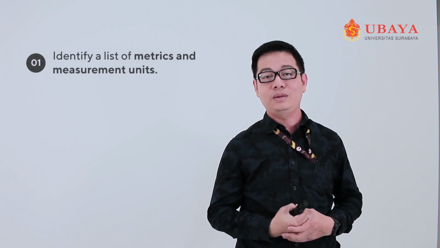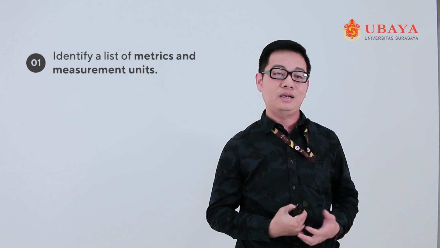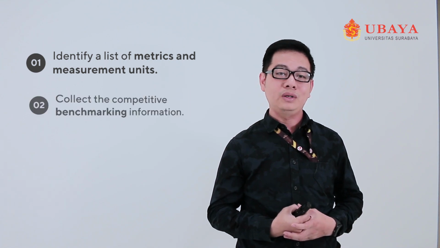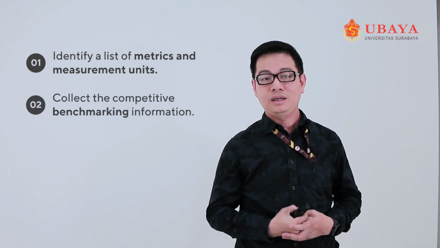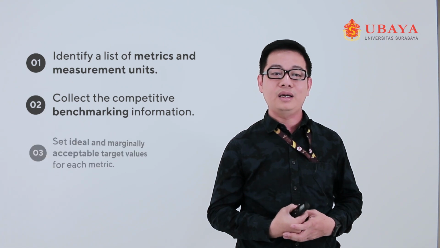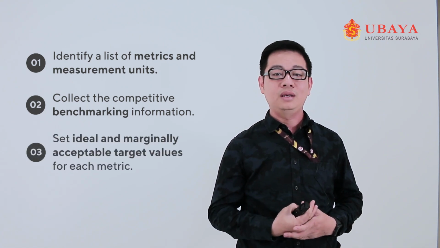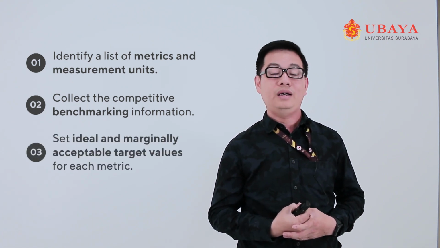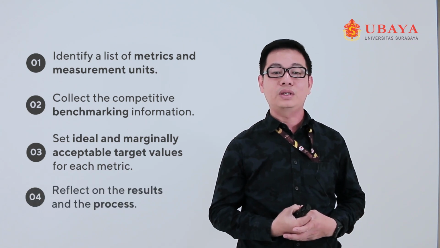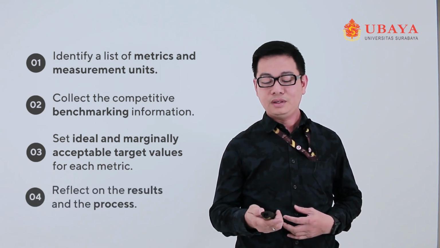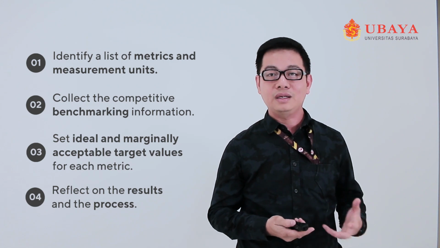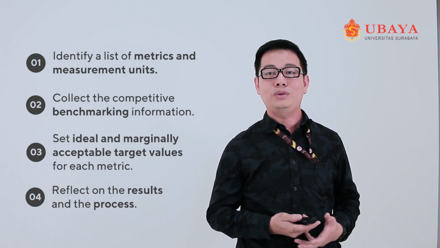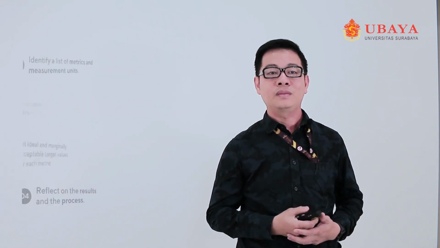Number one, we try to identify a list of metrics and measurements. The second one, we do competitive benchmarking. And the third one, set the ideal and marginally acceptable target values, and reflect on the results and the process.